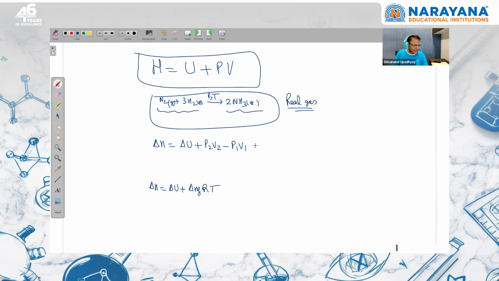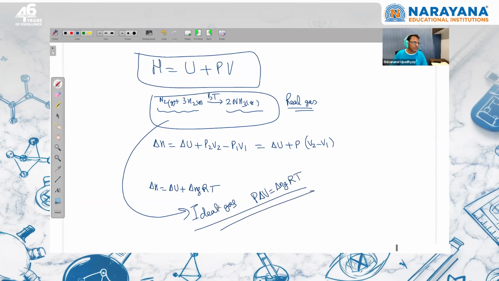When we are saying here that pressure is constant, I can write for real gas also, I can write that P times final volume minus initial volume. But if this gas is behaving like an ideal gas, अगर ये गैस आइडियल गैस की तरह बिहेव कर रही है, then I can write ideal gas equation P delta V is equal to delta n g RT.